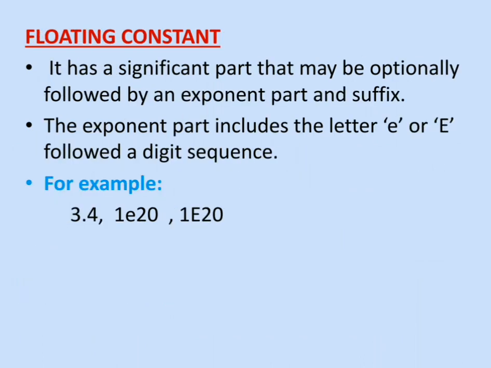It has a significant part that may be optionally followed by an exponential part and suffix. The exponential part includes the letter e or capital E followed by a digit. For example, 3.4, 1e20, 1 capital E20.